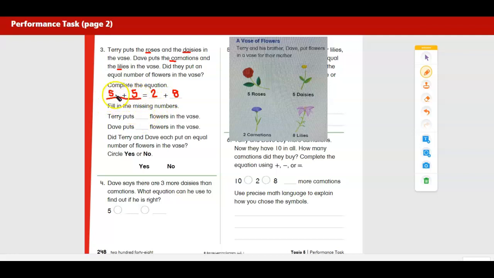So I needed to solve 5 plus 5, which gave me 10. And I also needed to solve 2 plus 8, which also gave me 10. So did Terry and Dave put an equal number of flowers in the vase? Yes, they both put 10 flowers.